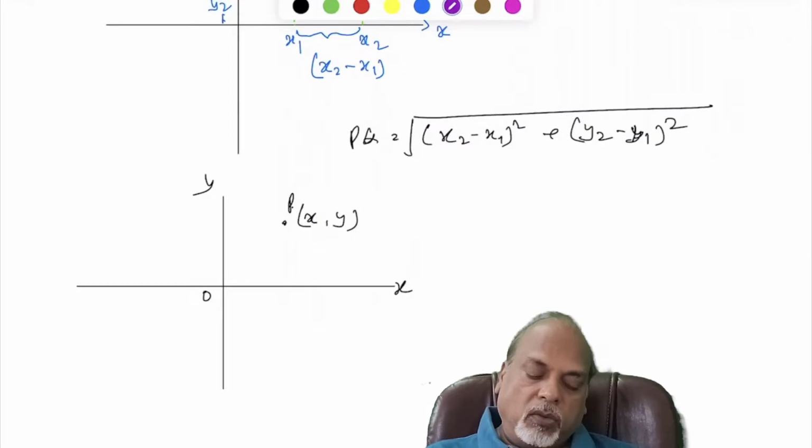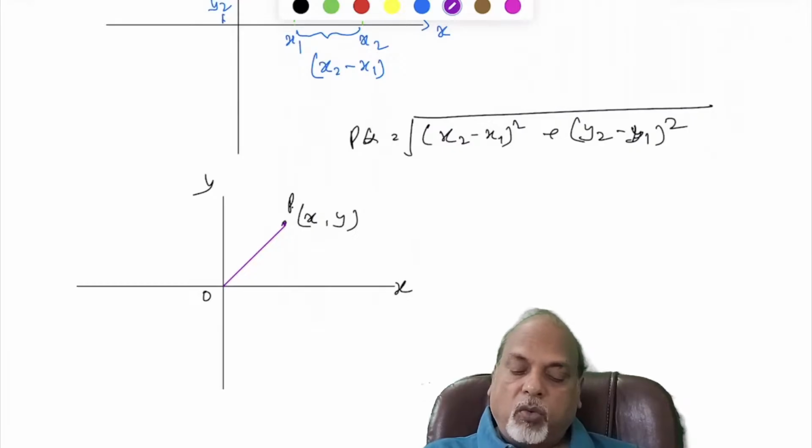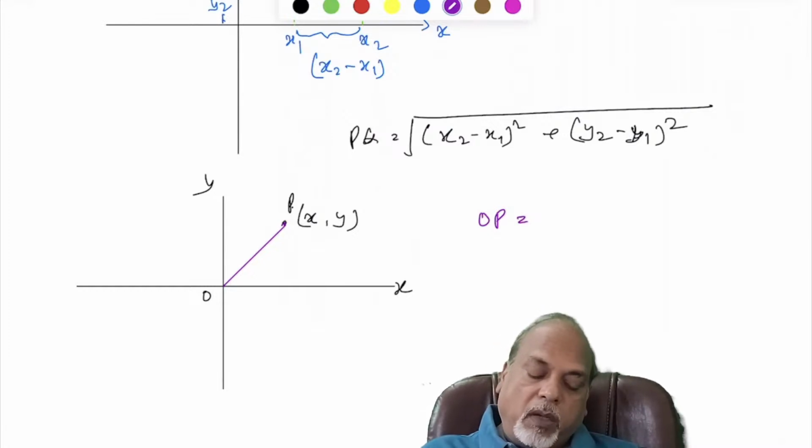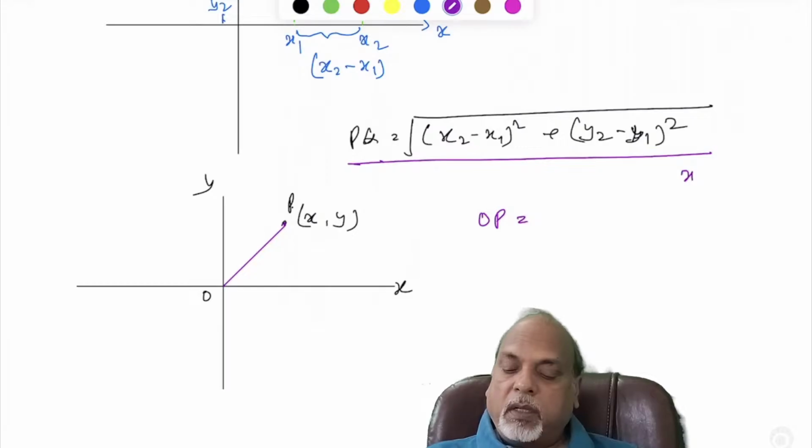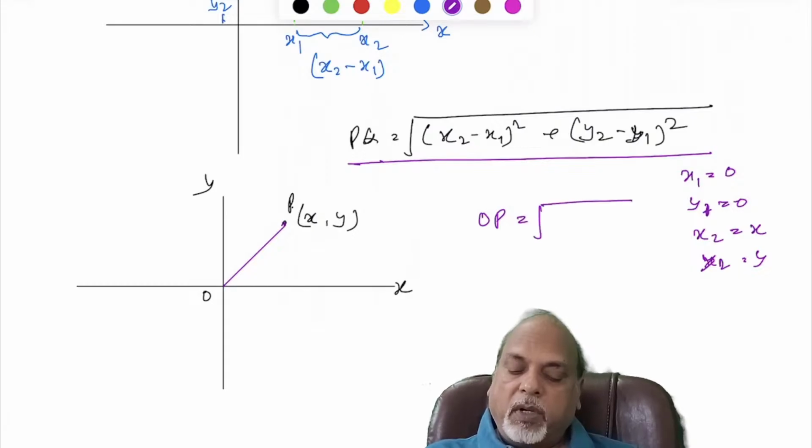If I ask you to find out the distance OP, then if you put the values here, x1 is 0, y1 is 0, x2 is x, and y2 is y. That means it is nothing but the square root of x square plus y square.